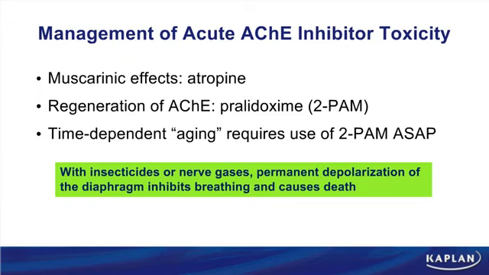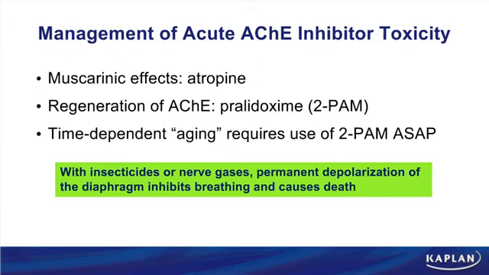It has been regenerated. Once acetylcholinesterase can work once again, it starts to break down acetylcholine. When the levels decrease, including at the neuromuscular junction, you get the relief of all of the effects associated with DUMBBELLS. Of course, there is a very critical component related to the timing of using a drug like pralidoxime, and that is because you can get time-dependent aging of your nerve gas or insecticide.